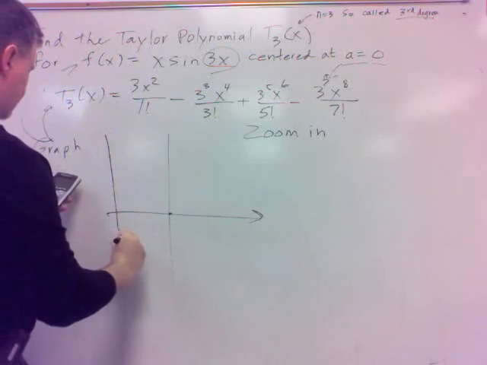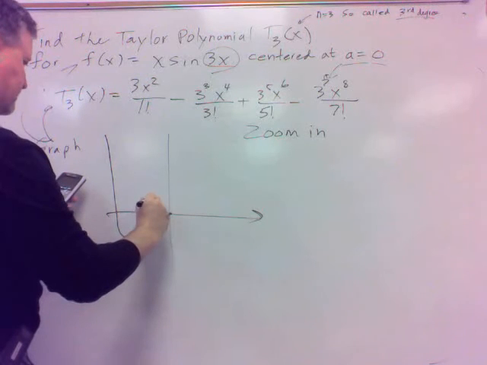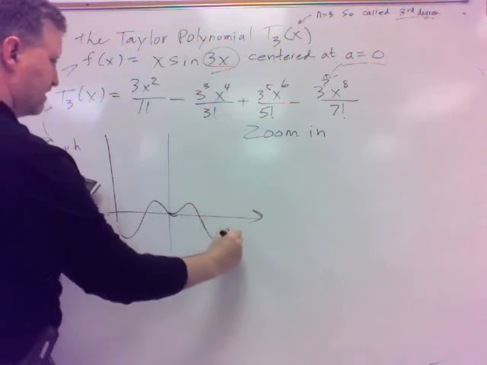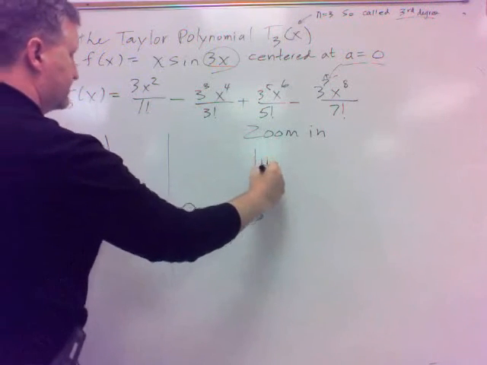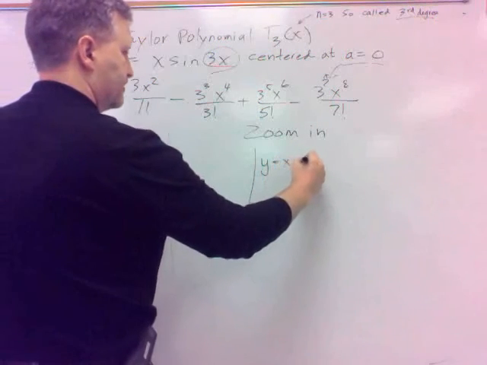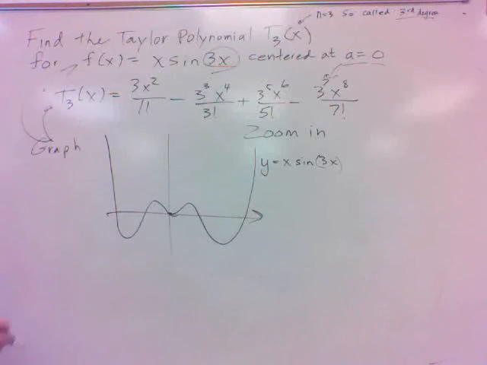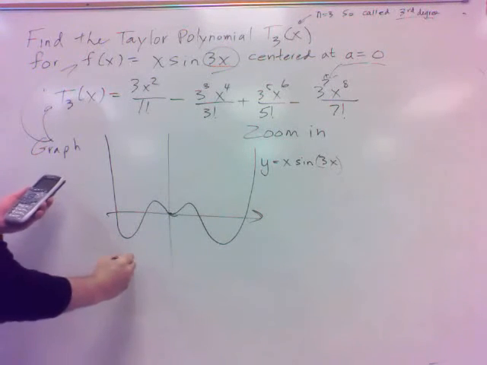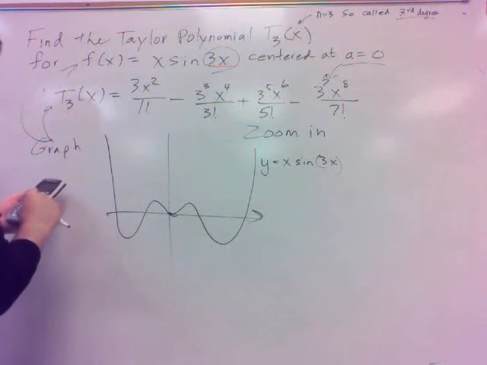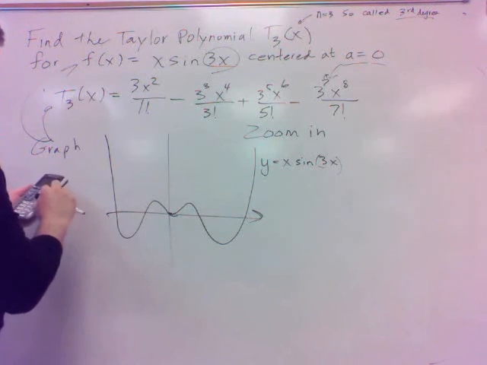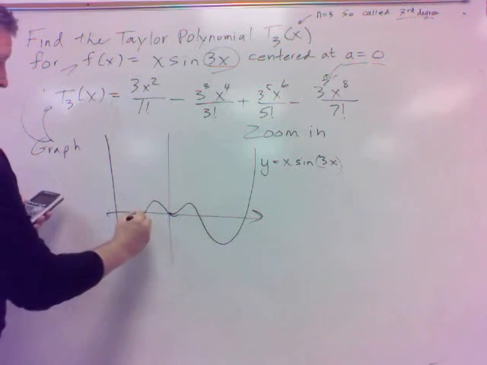Okay, so here comes a kind of interesting little curve. That's x sine 3x. And the Taylor polynomial comes in, and that's about, right there is about negative 1.